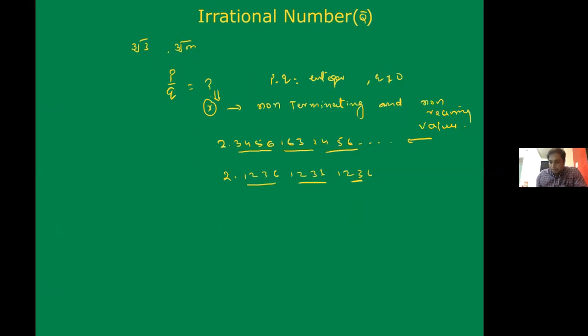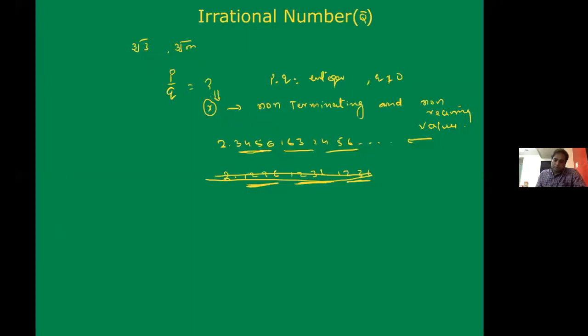If repeating comes, that is called recurring. So it should be non-terminating, the division should never end, and it should be non-recurring, so that no set of digits recurs every time after the decimal.